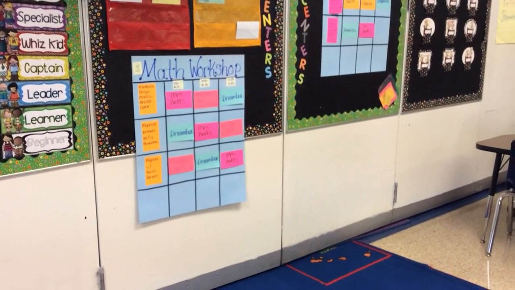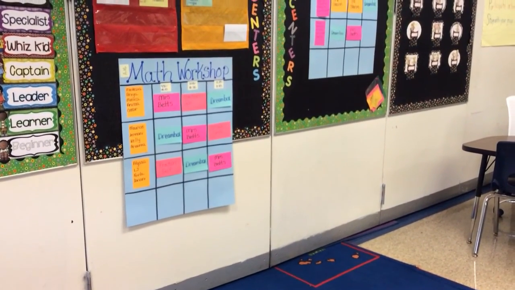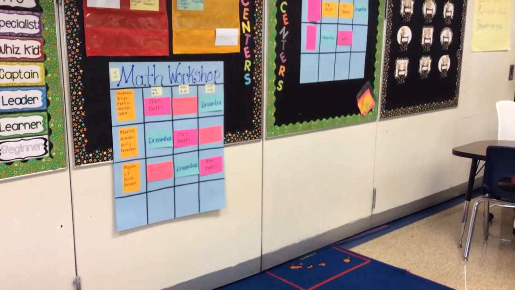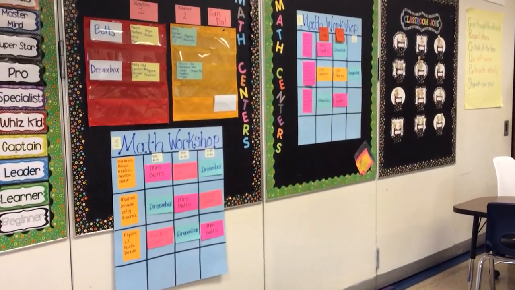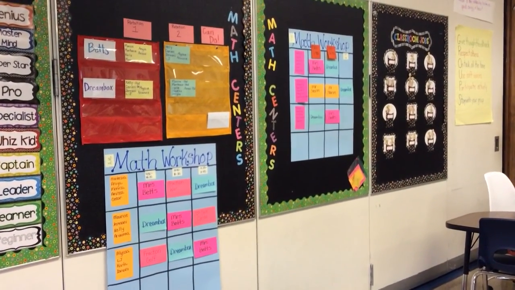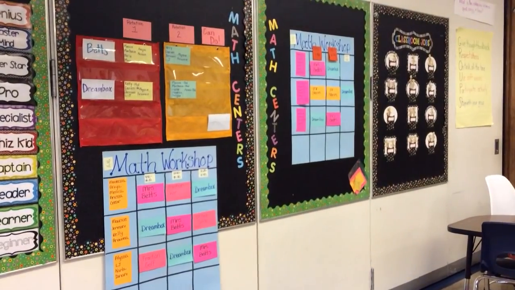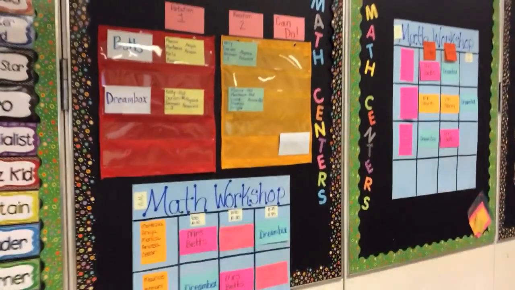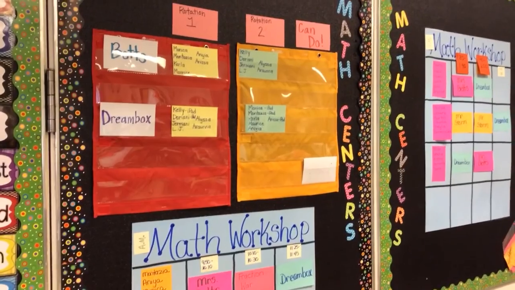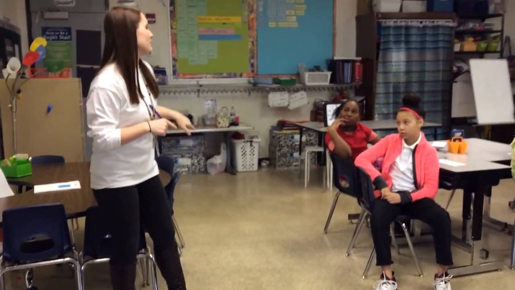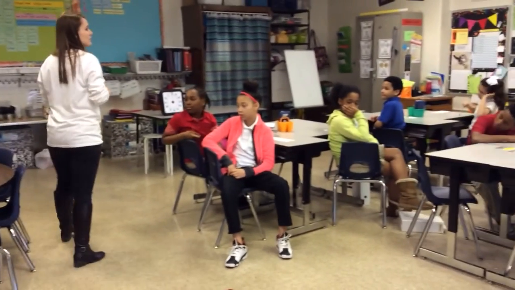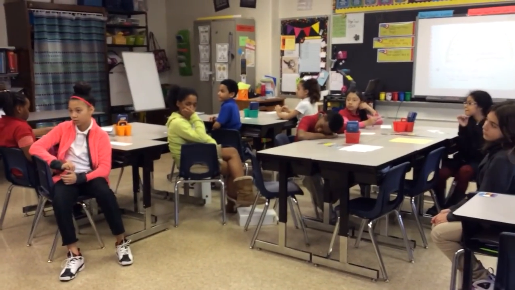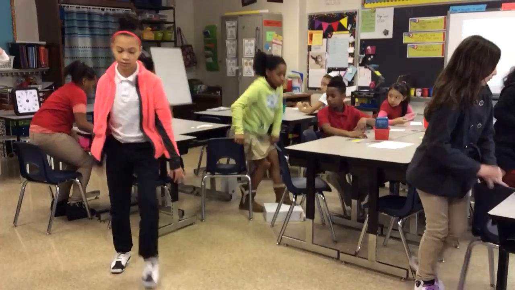On Dreambox, Kelly with an iPad, Dariani with an iPad, Germany, LJ, Alyssa, and Ariana, you four on computers. Remember, when the timer goes off, Dreambox and computers, you push in your chairs. You put iPads on the air conditioning, and you stand and wait to switch. My group, you listen to me. Okay, iPads, Dreambox, you may move.